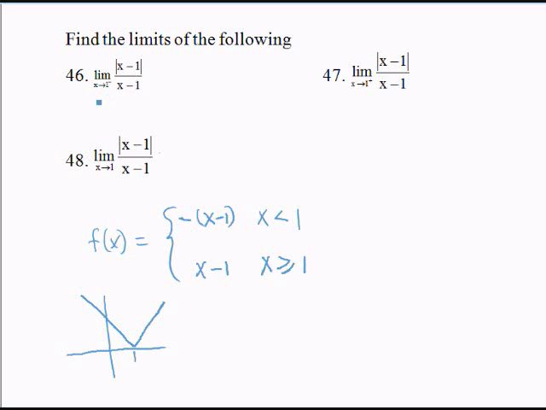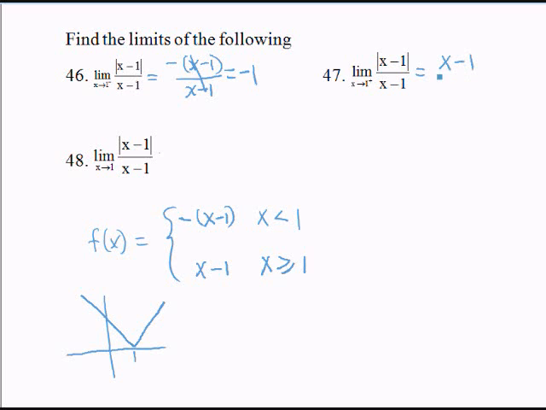This is looking at x approaching 1 from the left-hand side. That would be this top piece up here. So I'm going to rewrite this absolute value in its piecewise form because I'm only concerned about the left-hand side. That's the negative of x minus 1 over x minus 1. Those two cancel, and I'm left with negative 1. Also, this is the right-hand limit. On the positive side of 1, my function is defined by x minus 1.